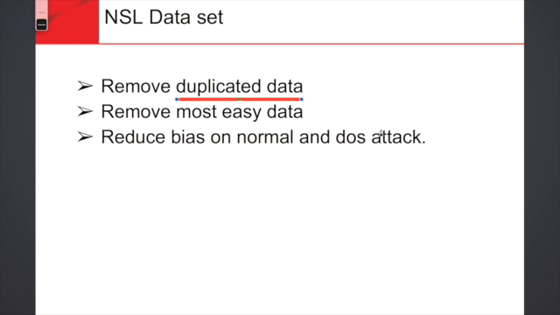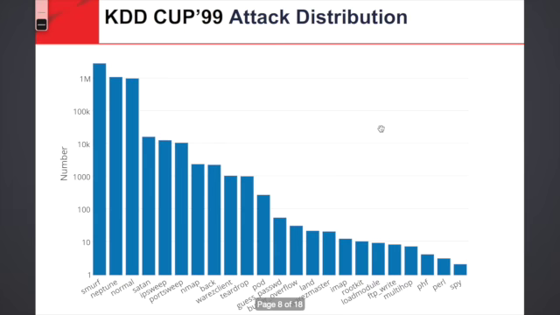As we can see from the bar chart, the y-axis is in log form. The top 3 kinds of labels are Smurf, Neptune, and normal.